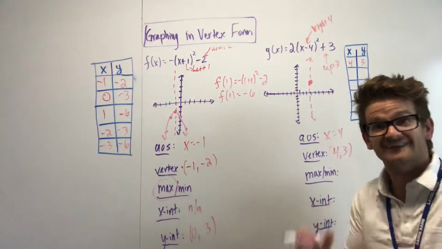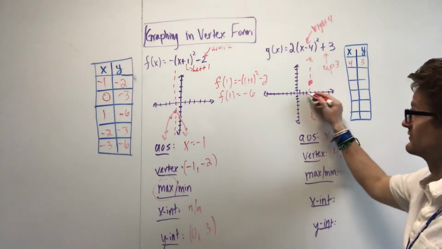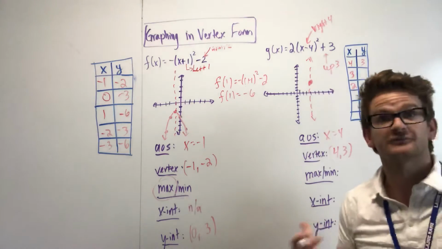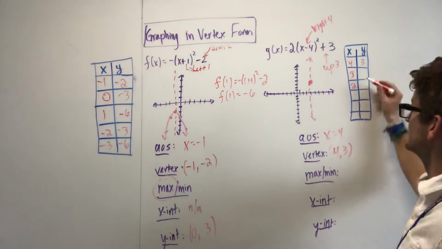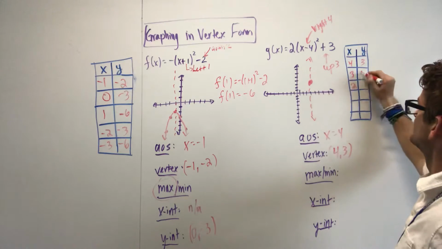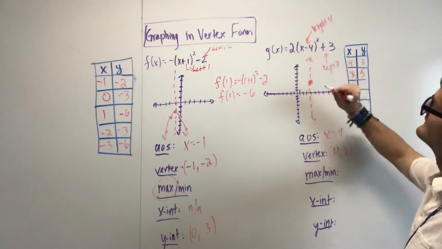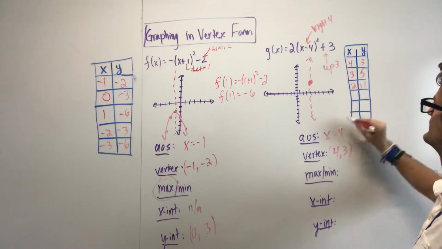Now we have to find points around the vertex. I choose x values that are very near that axis of symmetry. The axis of symmetry is at 4. I'm going to choose 3, and I'm going to choose 2, substitute those values in, simplify it down, and find the y values that go with them. When 3 goes in, I get 5. When 2 goes in, simplified down, I get 11.